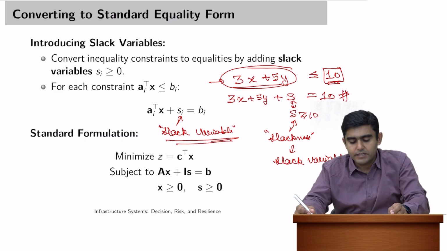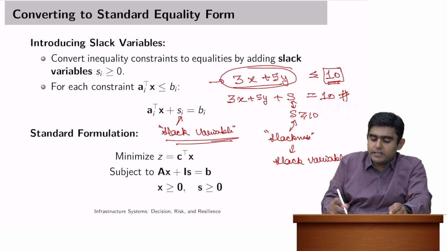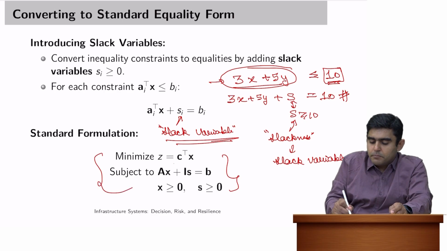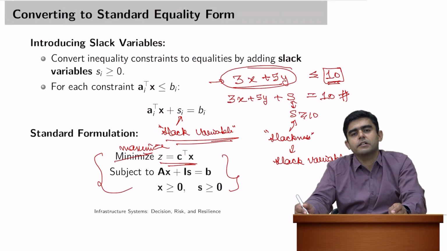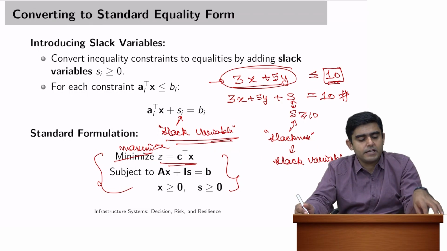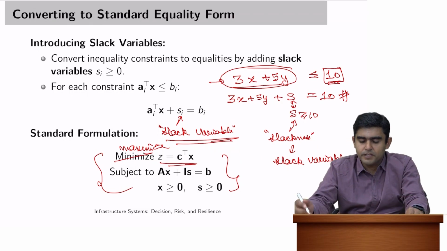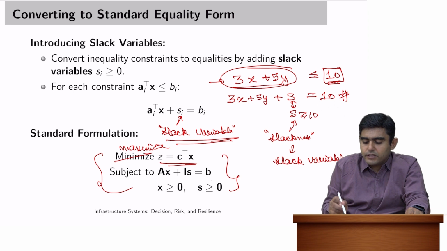So then what we do is that once we add the slack variable, our standard form now changes to that: minimize or maximize. Again, this is interchangeable, so I would not worry too much about that, because we can also apply our simplex method to maximization problems as we would do for minimization problems, subject to certain constraints.